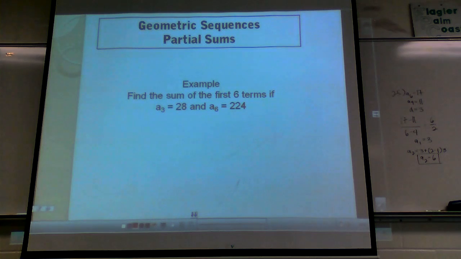All right, so what I'm asking here is the sum of the first 6 terms. So in this case, I need the first term and the common ratio. I know the n, that's 6. I just need to know the first term and common ratio.